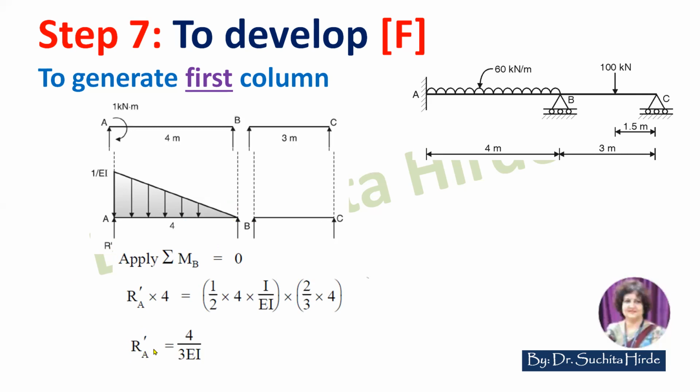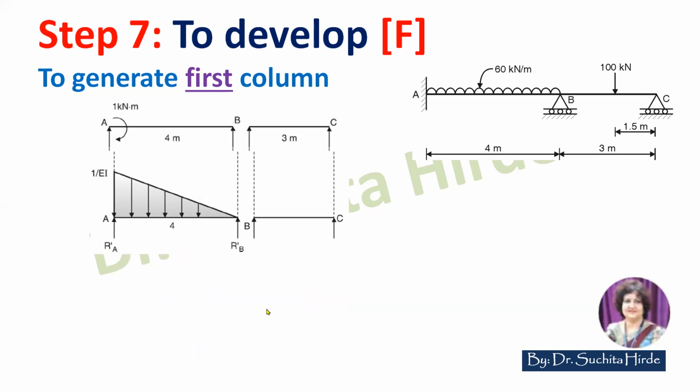So what is RA dash? RA dash is nothing but the flexibility coefficient F11, which is nothing but the slope at 1. And slope at 1 is equal to shear force at 1. So it is equal to RA dash. So F11 means displacement at 1 due to unit rotation at 1, and it is equal to RA dash.